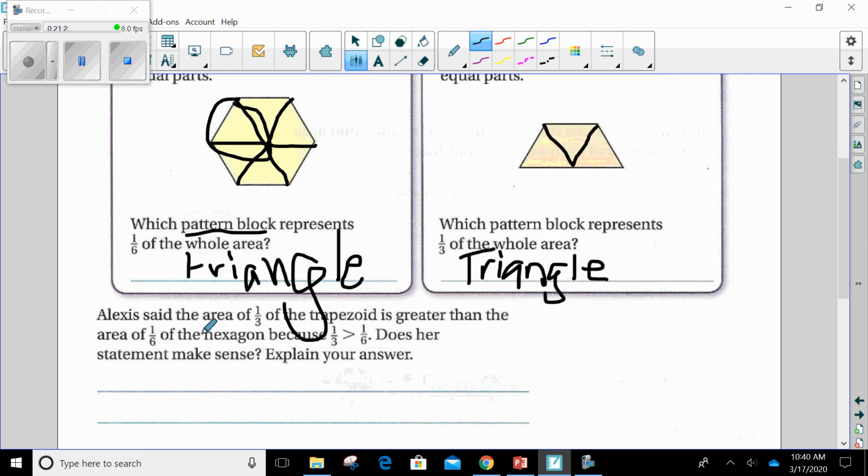Now, Alexis said the area of 1/3 of the trapezoid is greater than the area of 1/6 of the hexagon because 1/3 equals 1/6. Does her statement make sense?